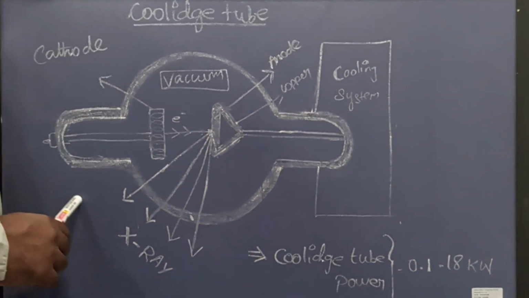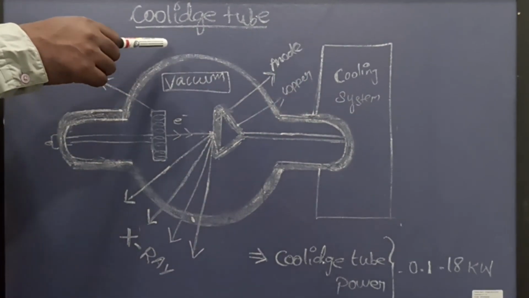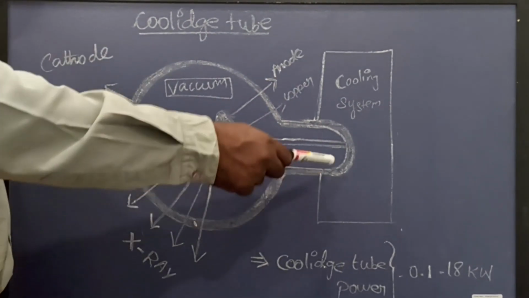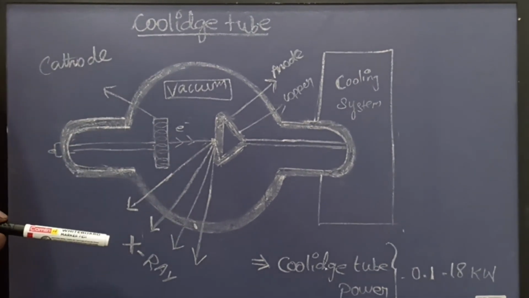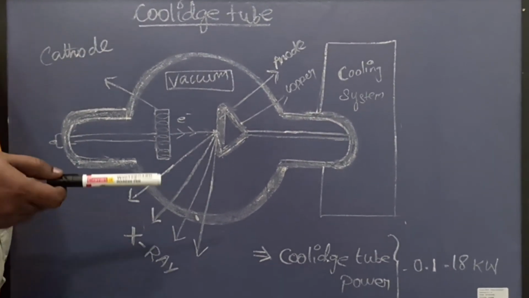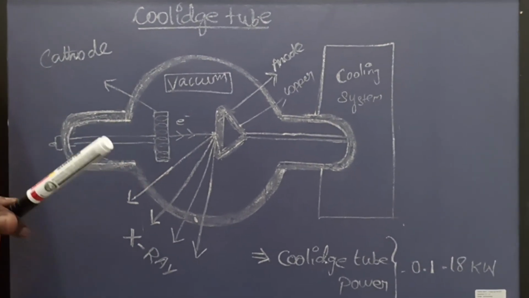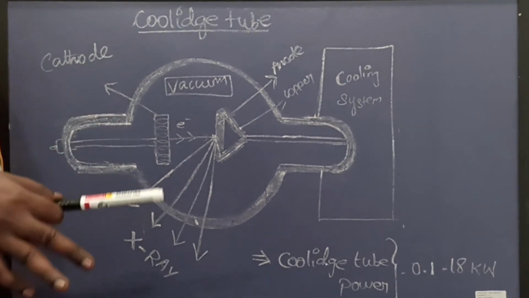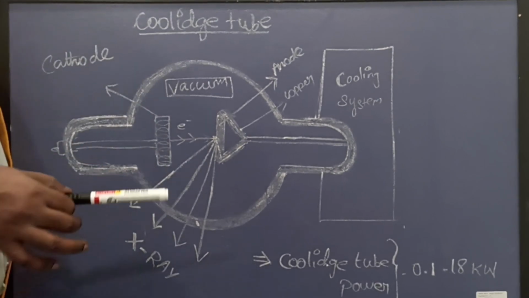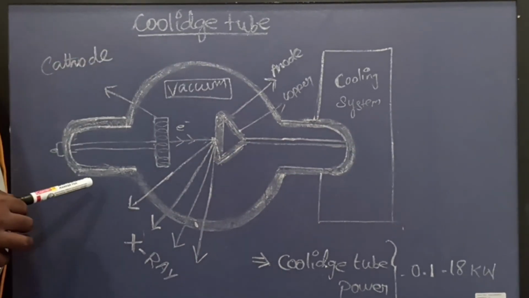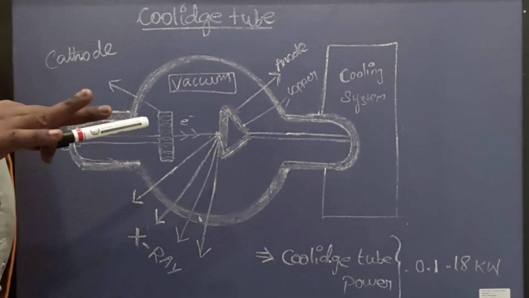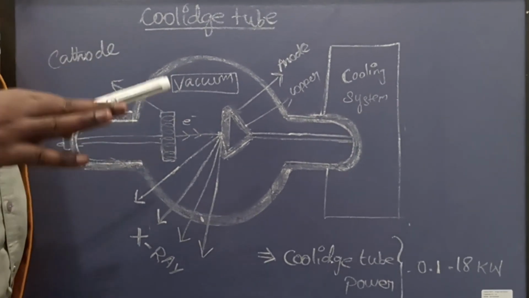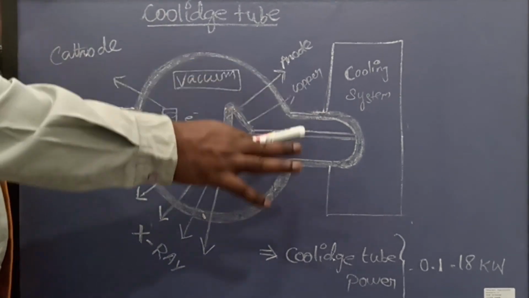This is the tube called the Coolidge tube. The structure of the Coolidge tube looks exactly like this. In all X-ray machines, maximum 95% of the X-ray manufacturing companies follow this particular Coolidge tube construction. So whichever company's machine you place in radiology, the X-ray tube used is called the Coolidge tube.